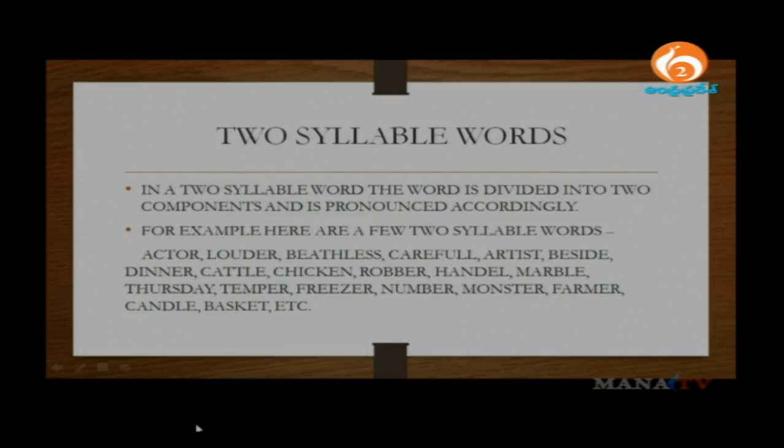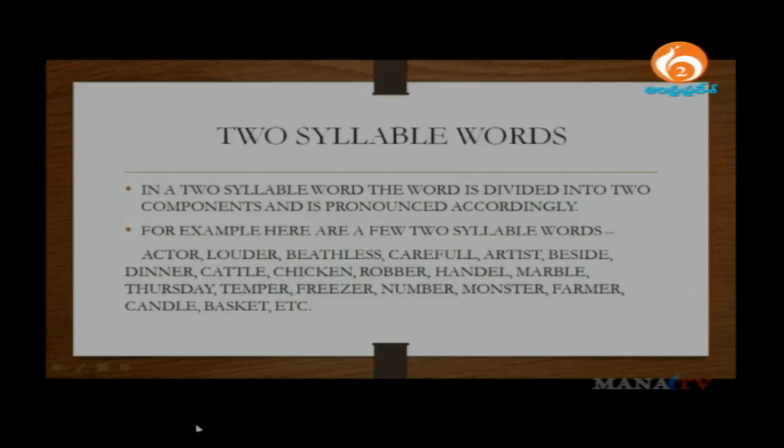So let me take you to the next PPT or the slide. You have two syllable words. What does this two syllable words mean? In a two syllable word, the word is divided into two components and is pronounced accordingly.